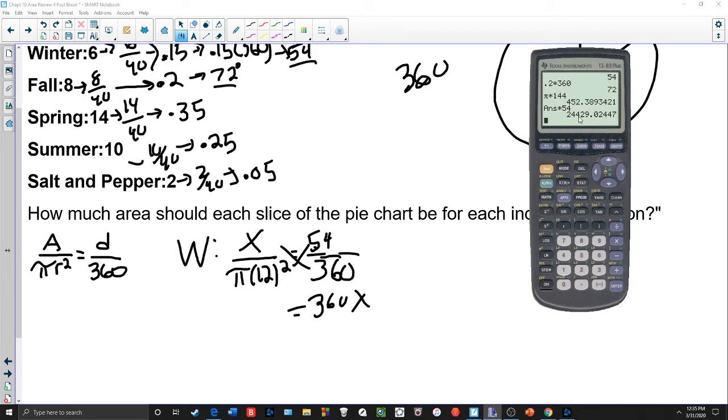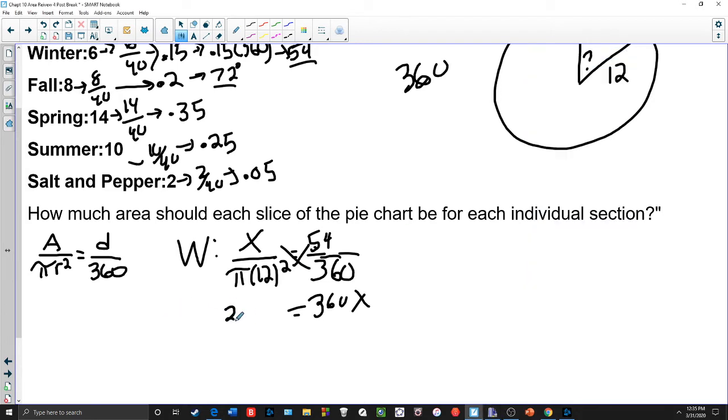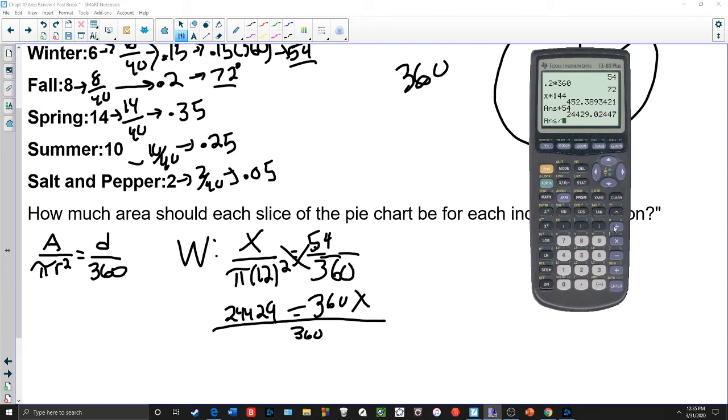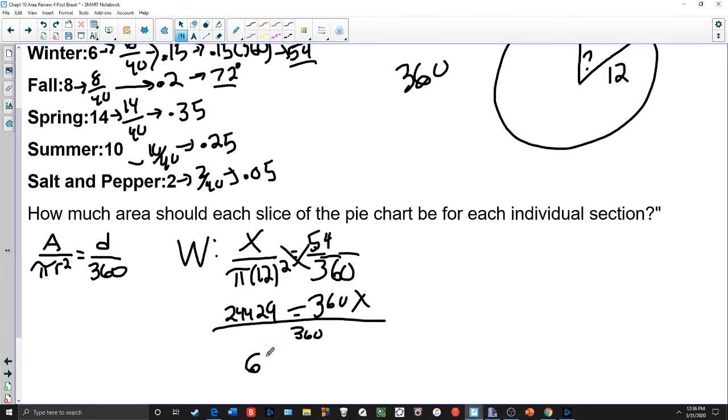We get 2442.9, and then divide by 360. That gives us 67.9 essentially.